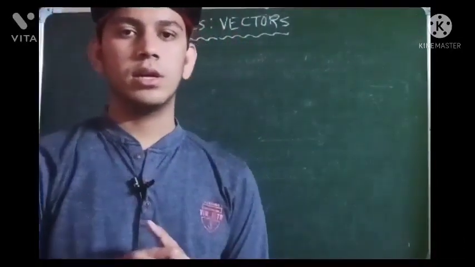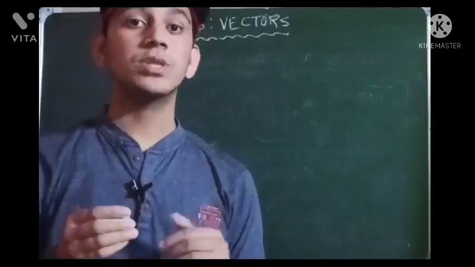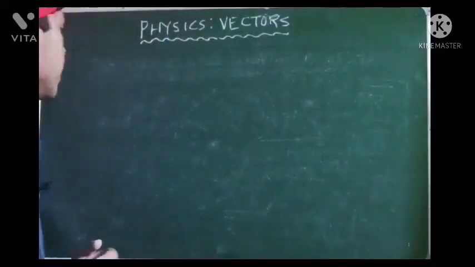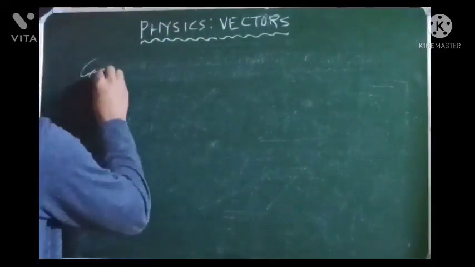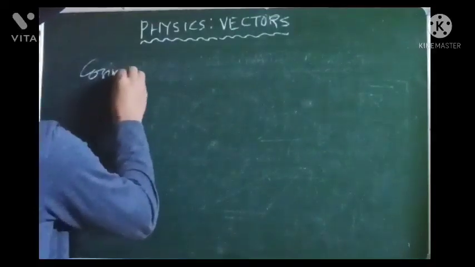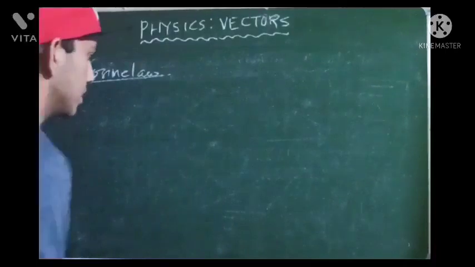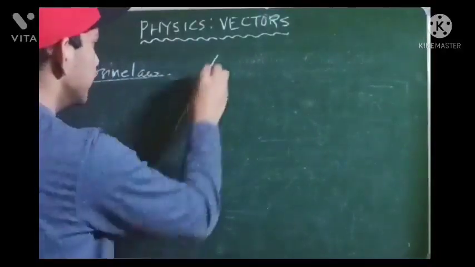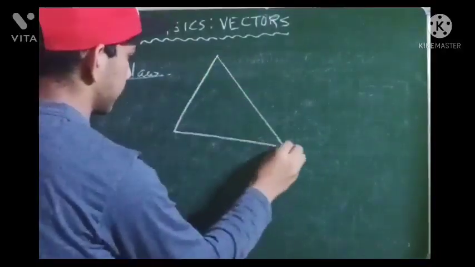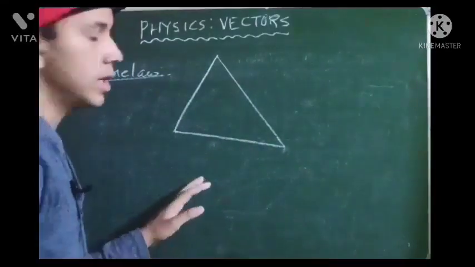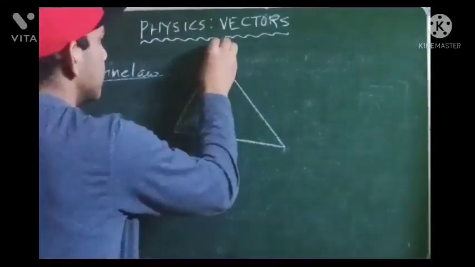Next, we are going to look into another formula, that is the cosine law, which is especially important in mathematics. Let us take a triangle. We are not going to look into its derivation.